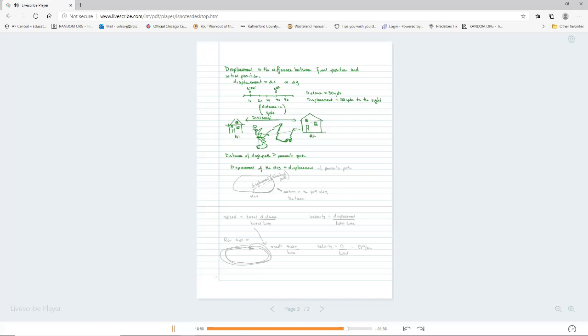So the fact that the dog went every which way is completely irrelevant to the overall question of what's happening in terms of displacement. And so when we talk about distance and displacement, the displacement of the person and the dog might be the same, but their distances can be very different. So there's an example of where distance and displacement are very different.